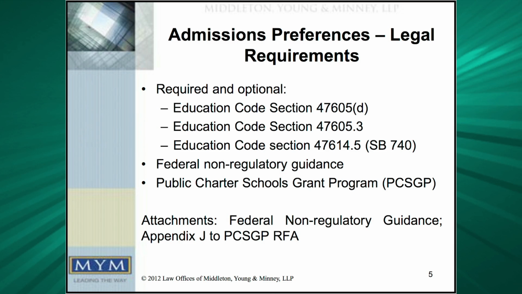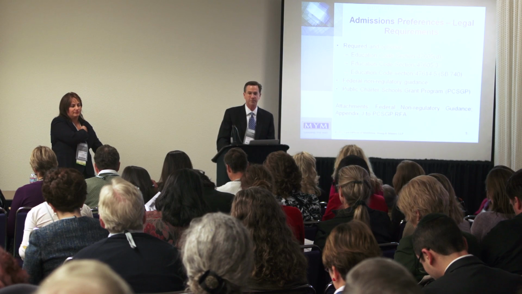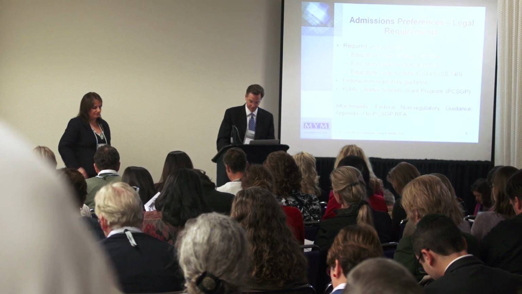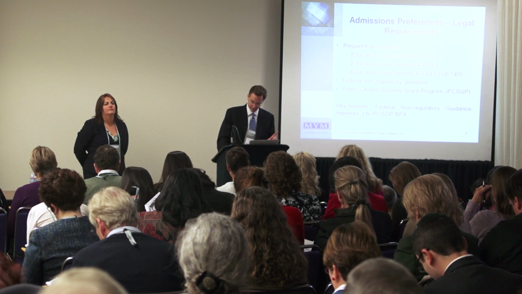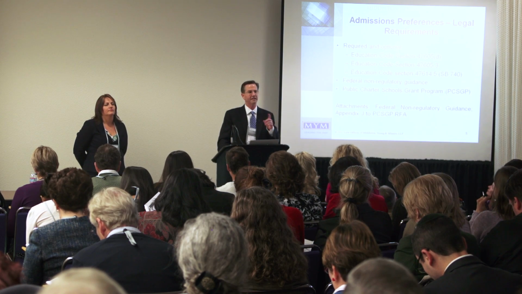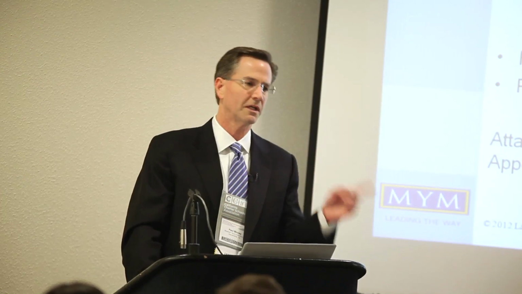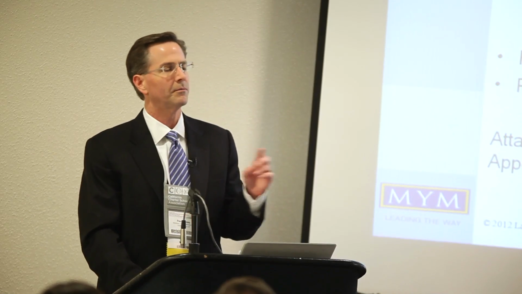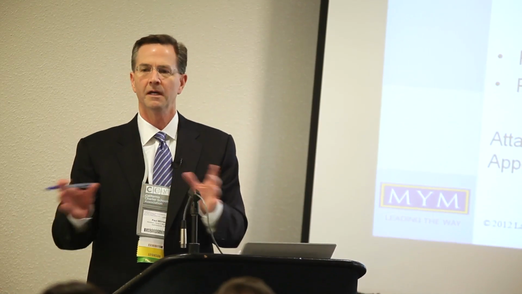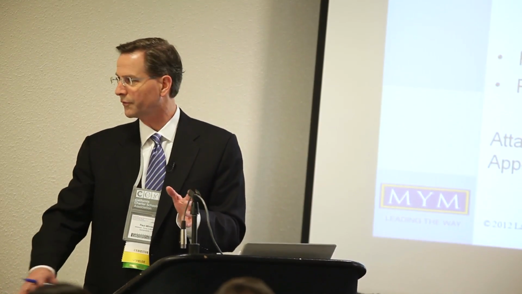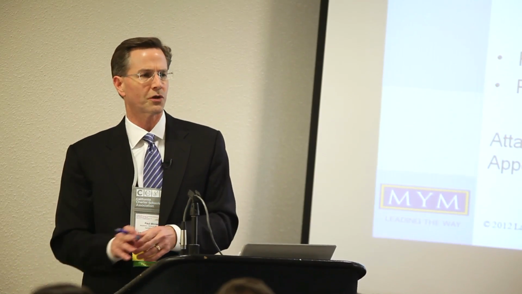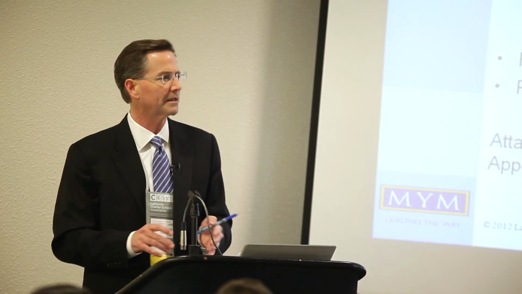Optional preferences are in the next two bullets. Education Code Section 47605.3 is one of those in the code that says you can give a preference if you're located in an elementary attendance area where 50% or more of the students qualify for free and reduced meals. You can give a preference for students living in that attendance area. Not just for kids who qualify for free and reduced, but for kids in that particular attendance area. Here, like other provisions in the Charter Schools Act, it was aimed towards trying to help kids that really are socioeconomically disadvantaged.